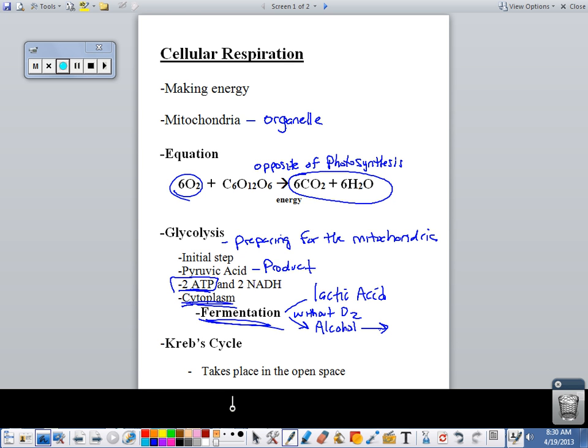The next one is the Krebs cycle, and this takes place in the mitochondria. We'll draw a picture of the mitochondria on the next page, so you can wait for that. This is where, once the product pyruvic acid is made by glycolysis and there's oxygen, then the Krebs cycle can take place.